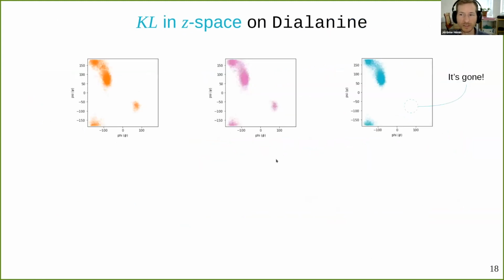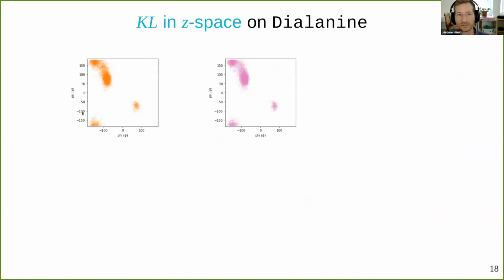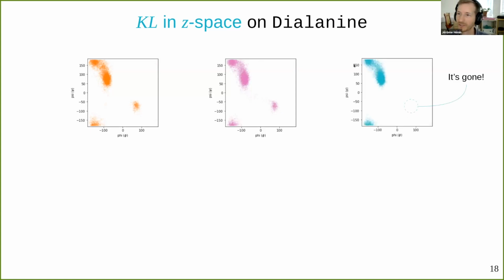And the bottom line is, again, alanine dipeptide simulation data, pre-training using simulation data, we're fine. There's a little stream connecting the small mode here to the rest. And then with fine-tuning, we get collapse, we lose this.